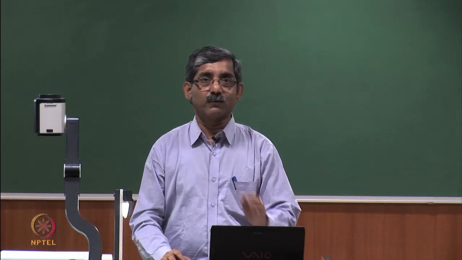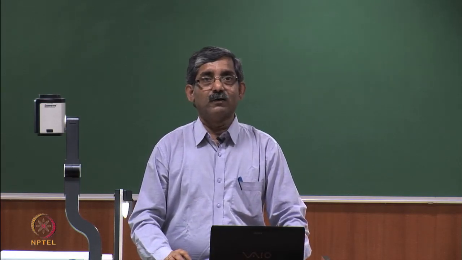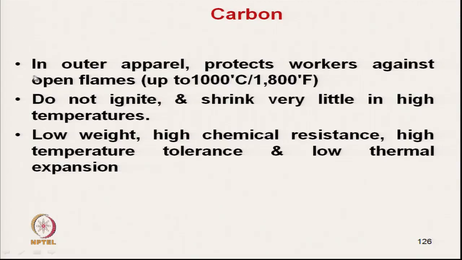Carbon fiber is one of them, which is used in outer apparel, protects workers against open flame up to 1000 degrees Celsius. In those applications carbon fibers are used, and this fiber does not ignite and shrinks very little in high temperature.